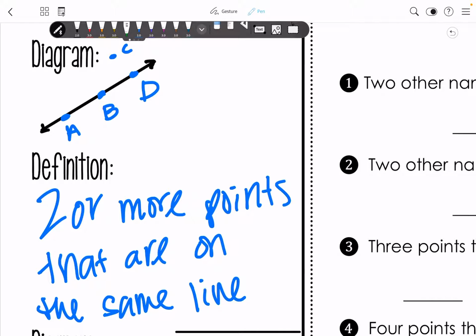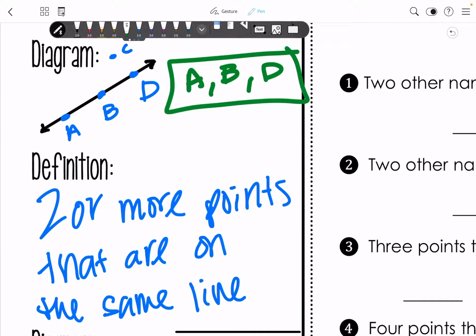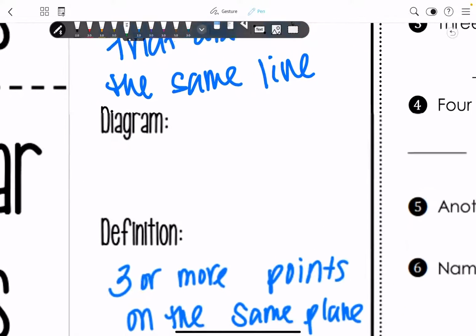In this diagram, only points A, B, and D are collinear because they are all making a line. Now, if we were asked, on a different plane, CD might work, but only ABD in this diagram.